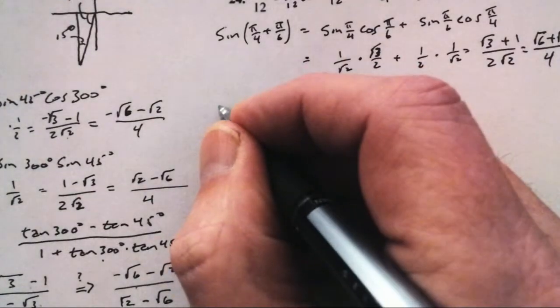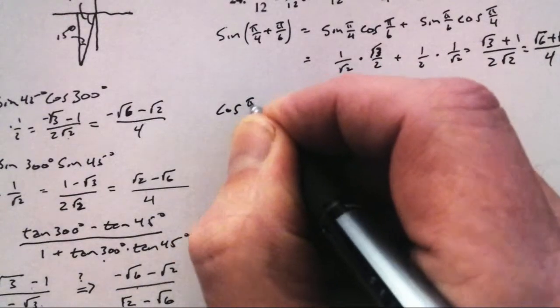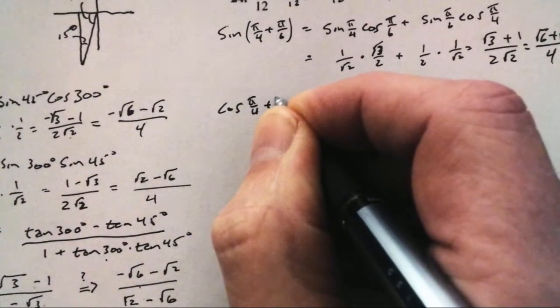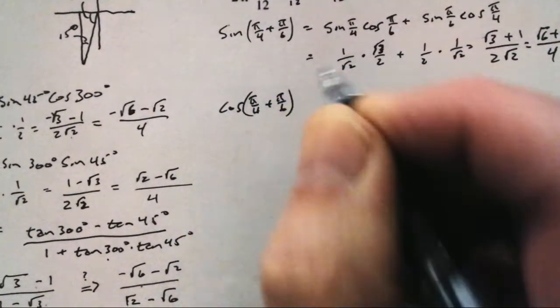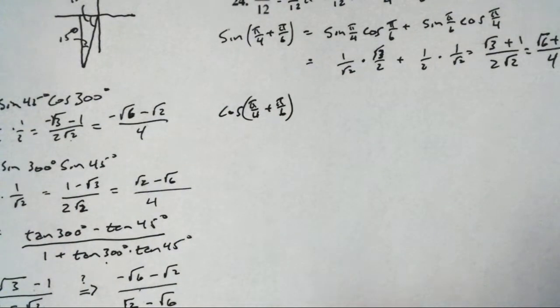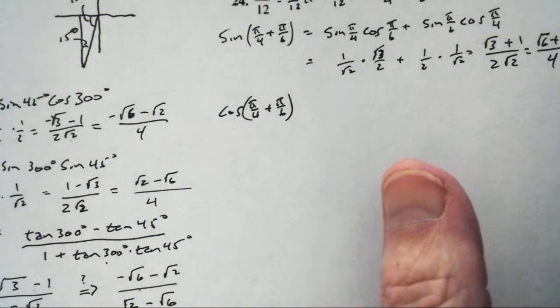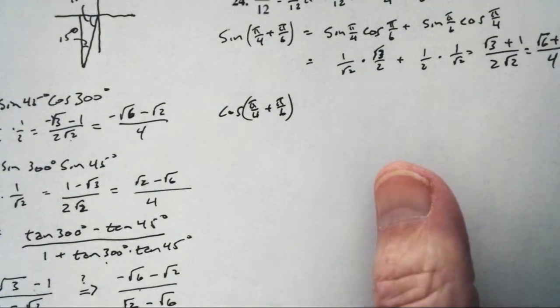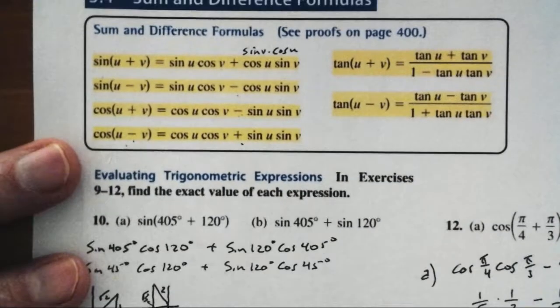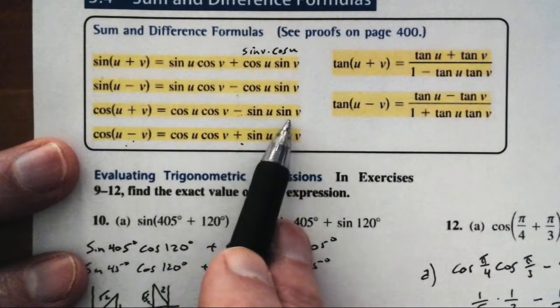Same pattern. Okay. Cosine pi on 4 plus pi on 6. Cosine of a sum. Do we remember what it is now? Maybe not yet, but hopefully. Cosine of a sum is cosine, cosine, minus sine, sine.